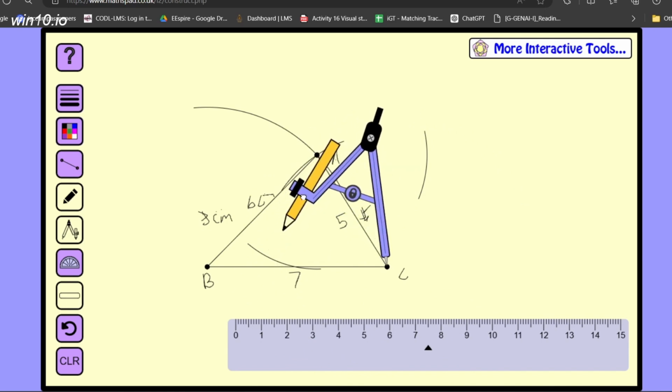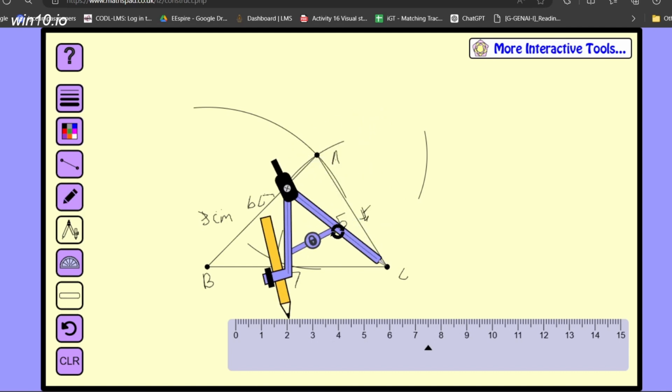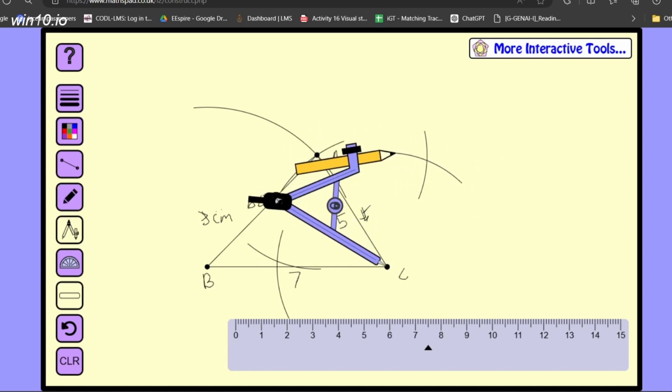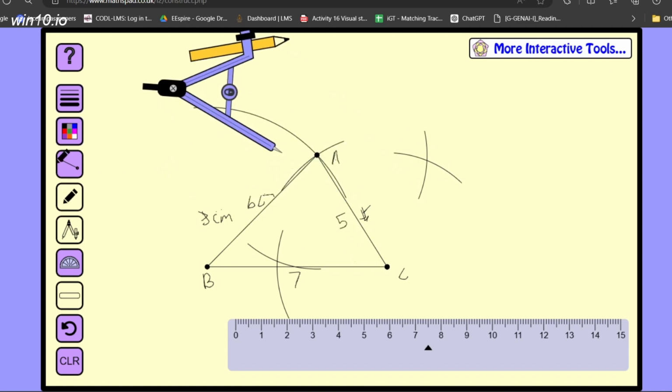And draw again. And draw. So you can see that now we have 2 points. If we trace these two, we get a perpendicular bisector.